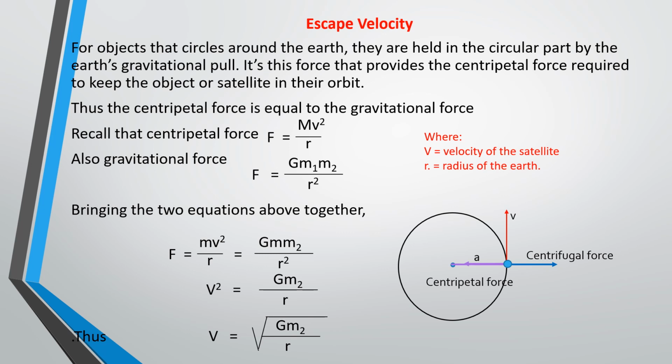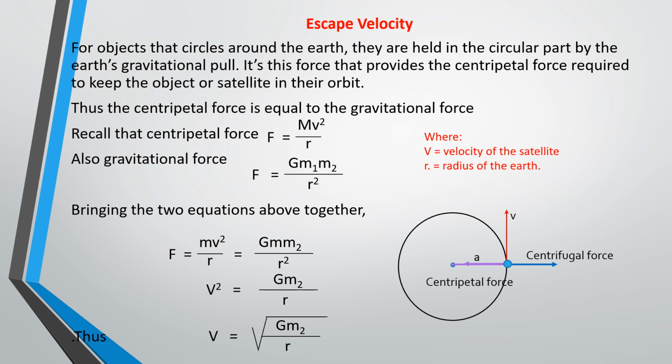In one of our previous lectures, we treated circular motion, and we looked at objects that undergo circular motion. We said that when an object undergoes circular motion, it moves with uniform speed.